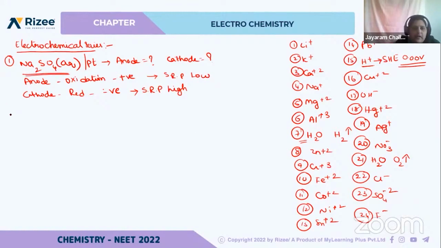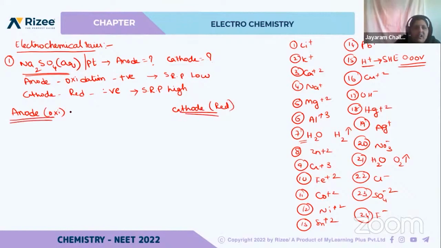So Na2SO4 is our species. Let's write down anode, oxidation, and cathode, reduction. As anode is a positive terminal, which negative species want to go there?